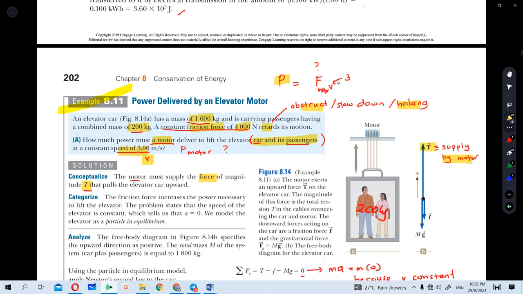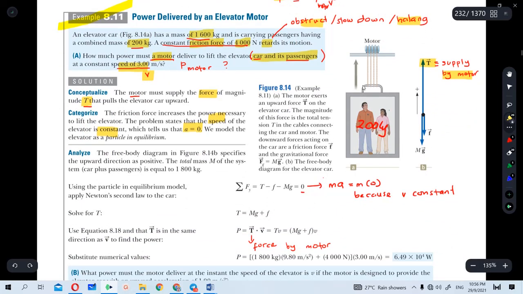Now in the first case, since it moves at constant speed, the term constant speed represents that acceleration is 0. According to Newton's first law, we are going to substitute the concept that net force in the y direction is equivalent to 0.